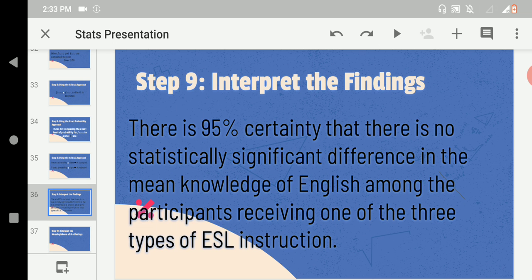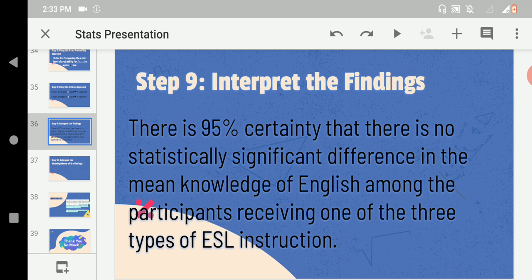Next, we have to interpret the findings. So there is 95% certainty that there is no statistically significant difference in the mean knowledge of English among the participants receiving one of the three types of ESL instruction.